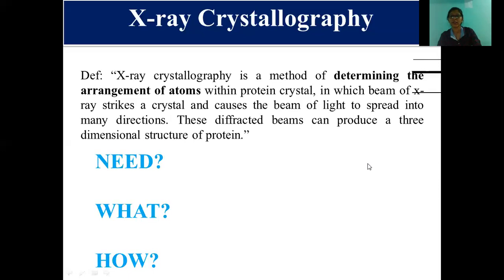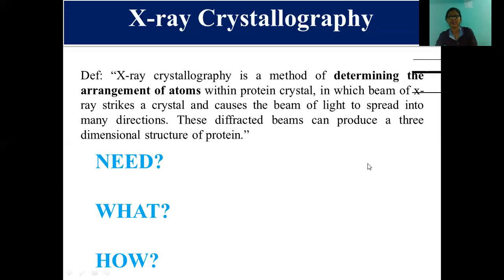So if you make that protein in a fixed conformation, then it is easier and more accurate to identify the 3D structure of protein. To make that protein molecule in one state, in one frozen state, it is necessary to make it in crystalline form. So crystallography is basically used to identify the 3D structure of the protein.